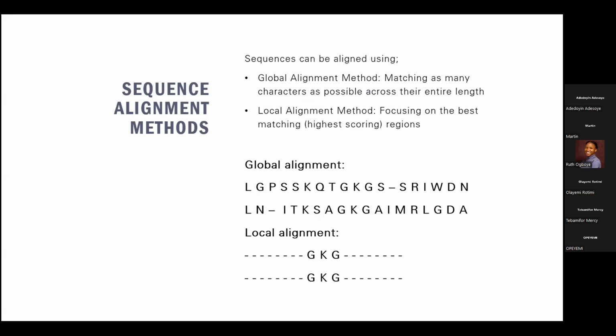Moving on to sequence alignment methods. Sequences can be aligned using, one, the global alignment method, and two, the local alignment method. The global alignment method is when you match as many characters as possible across the entire length of the sequence.